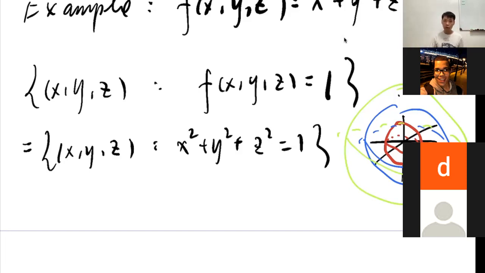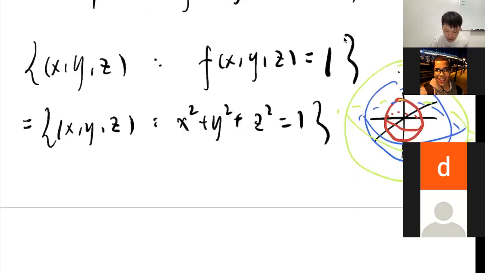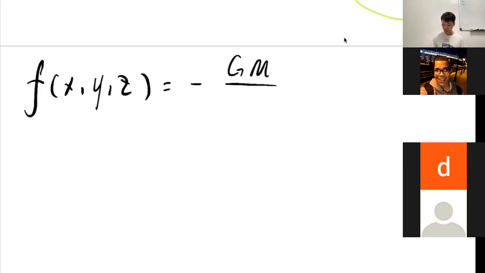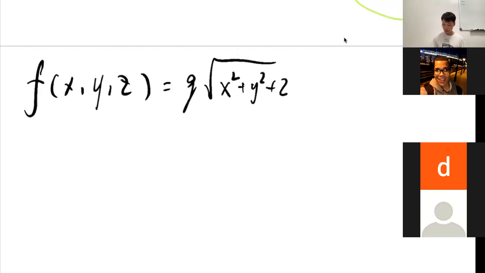So if you represent the amount of force by the function f, some sort of minus something m over... I forgot what the formula is, but it is related to the height only. So it's something of g of the square root of x squared plus y squared plus c squared, something like that.